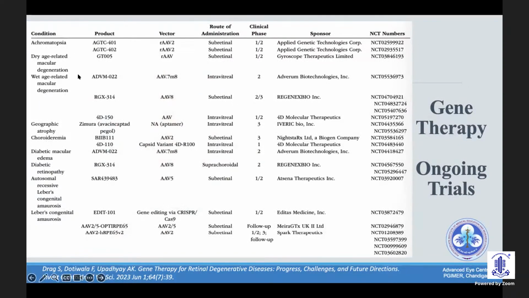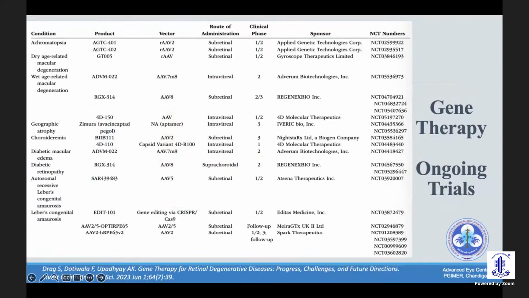Age-related macular degeneration is also of interest because of the number of patients, as are geographic atrophy and diabetic macular edema. These are some of the non-dystrophies being targeted, so that we can modify the expression of VEGF and see if we can modify the course of the disease.